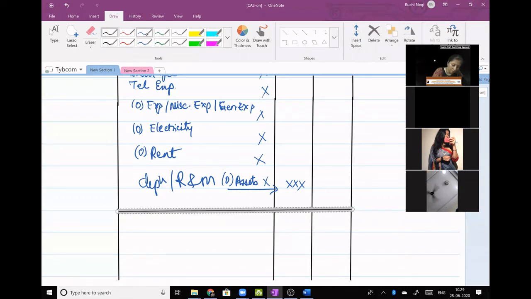Total it. Whatever answer you get is called cost of production.